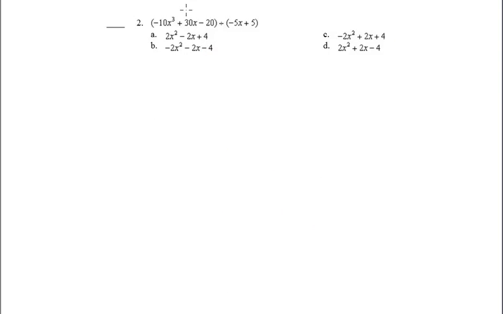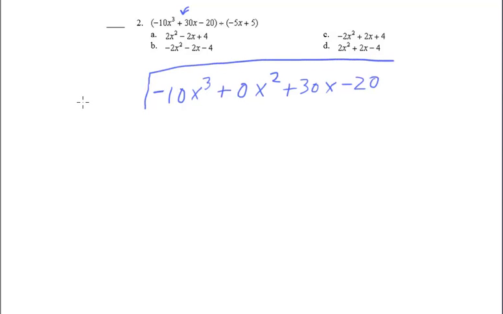Okay, number 2, there's another missing piece here. We've got no x squared, so we're going to rewrite this as negative 10x cubed plus 0x squared plus 30x minus 20. All of that divided by negative 5x plus 5.